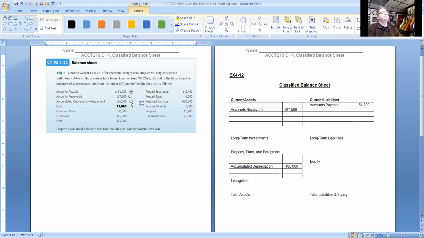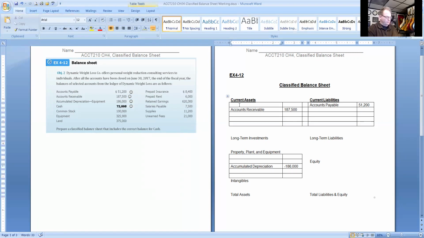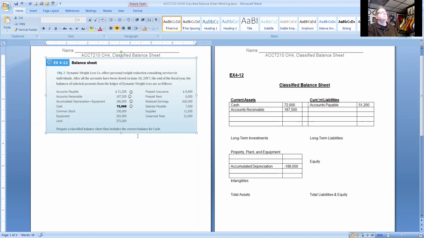Smiley faces by him. Okay, so cash 72,000. Common stock. My smiley face.